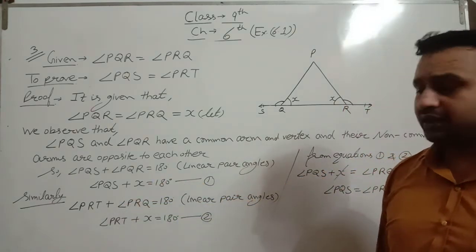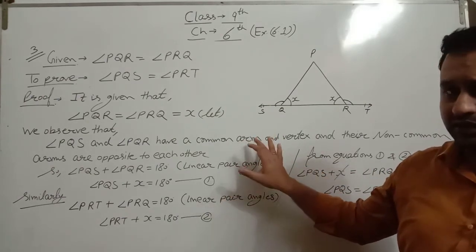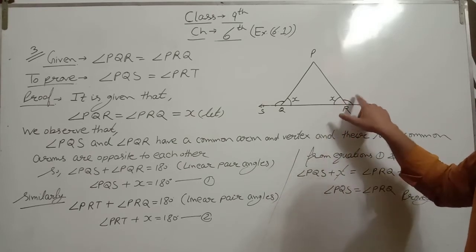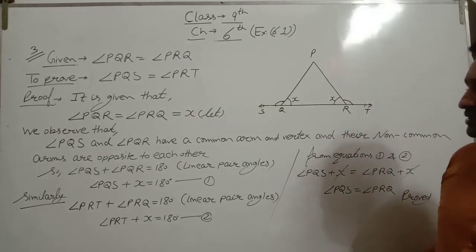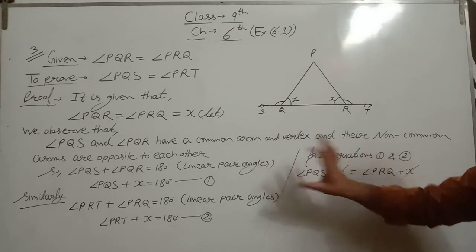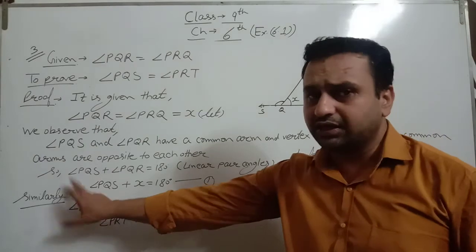Similarly, when we use the word similarly, then we can't define this property again. Similarly, these two angles are also linear pair angles, but you can't define it again because we already defined it properly. In a question's working, never define again if we use the word similarly.